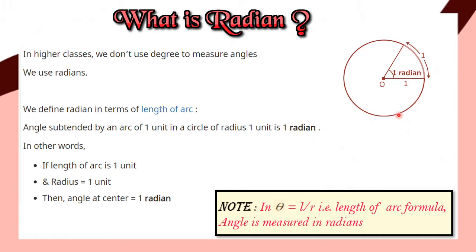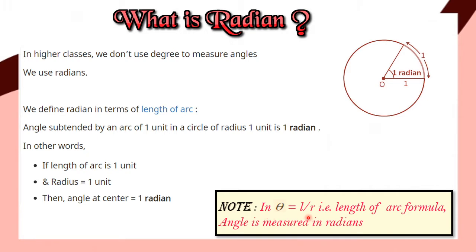If you look at this circle, the radius is 1 unit, the length of arc is also 1 unit. So the angle subtended by this length of arc at the center will always be equal to 1 radian. So in other words, if length of arc is 1 unit and radius is also 1 unit, the angle at the center will be equal to 1 radian.